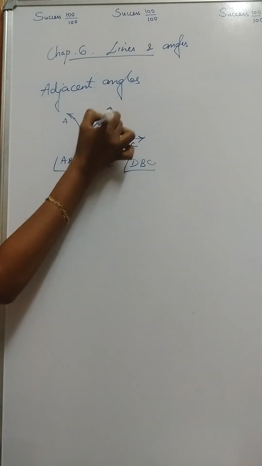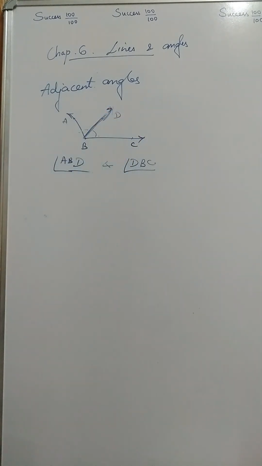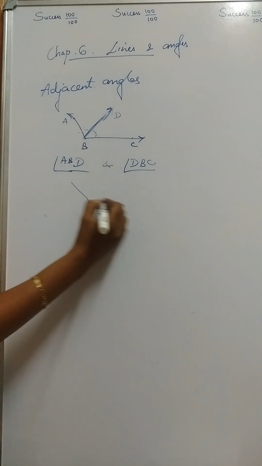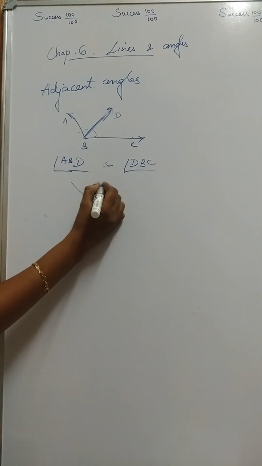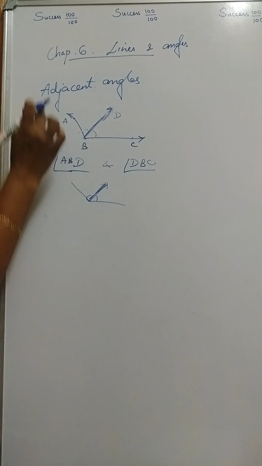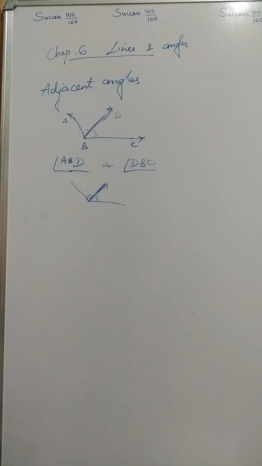There is a common arm between these two angles. Whenever angles share a common arm between them, they are called adjacent angles.